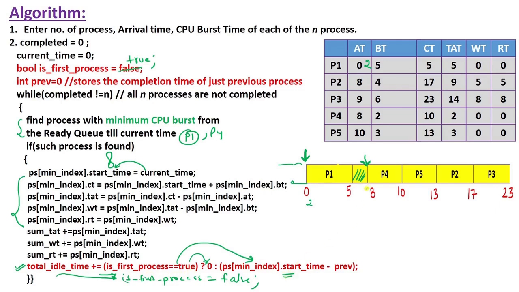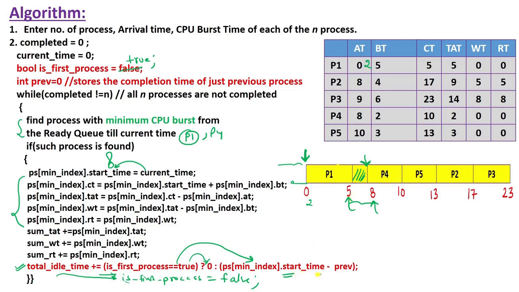So how are we computing the idle time for other processes that are in direct continuation? For the current process, what is the start time? It is 8. And for the last completed process, what was its completion time? For P1, the completion time was 5. So 8 minus 5, I will get 3.